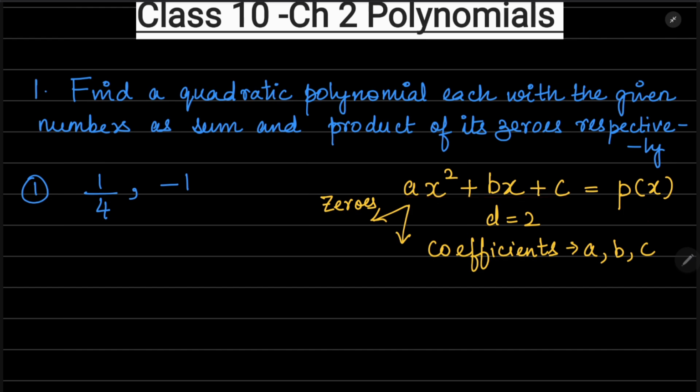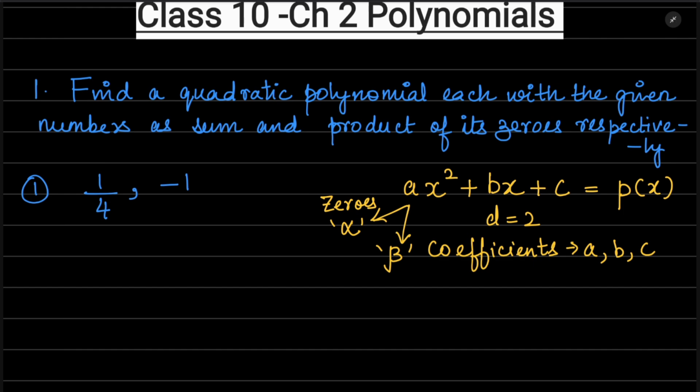There can be 1 zero and there can be no zeros also. So let us assume that this particular polynomial has got 2 zeros, namely alpha and beta. What is alpha and beta? Alpha and beta are those values of x which make p of x 0. When you substitute the alpha value, alpha could be some integer value, in place of x, your p of x will become 0.